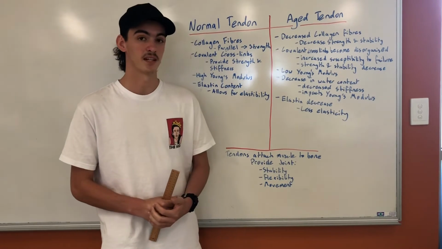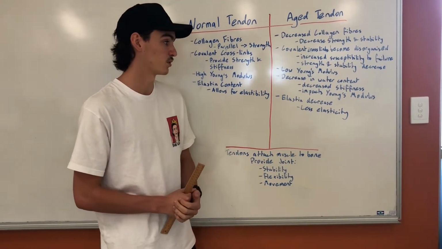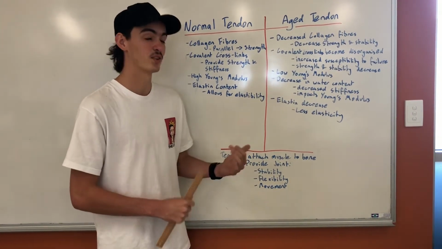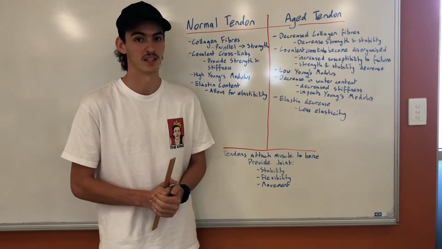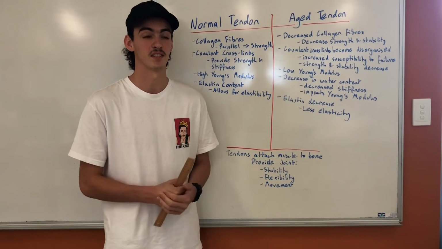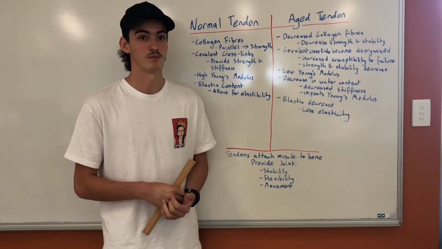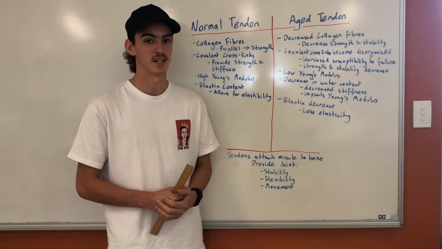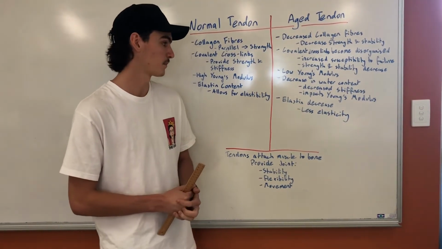The water content has a big impact on the Young's modulus, as it decreases the stiffness of the tendon. So this decreased stiffness provides an increased chance that the tendon will fail.